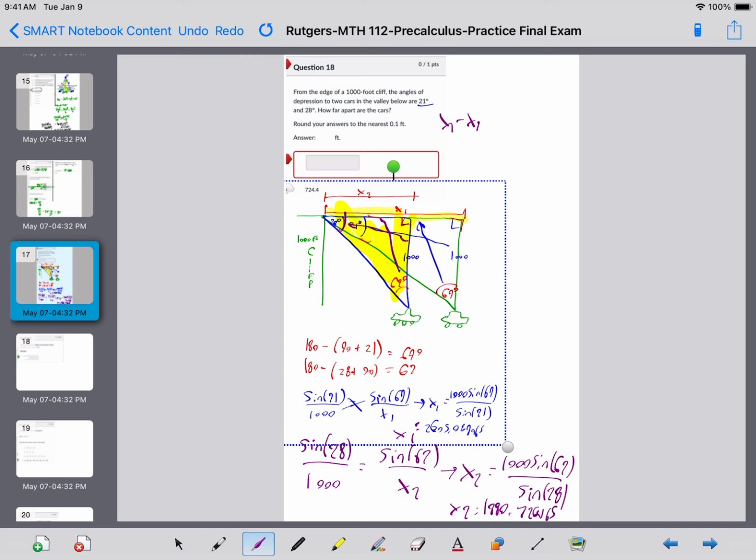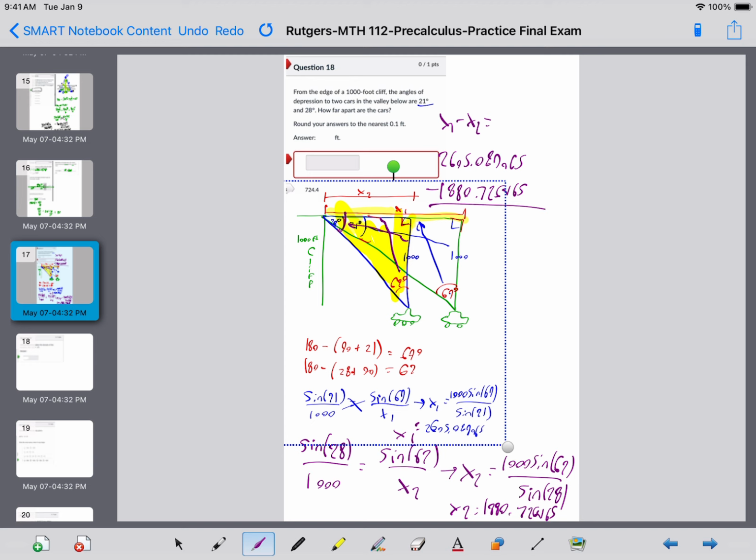So now I just have to do x1 minus x2. So we have 2,605.089065 minus 1,880.726465.